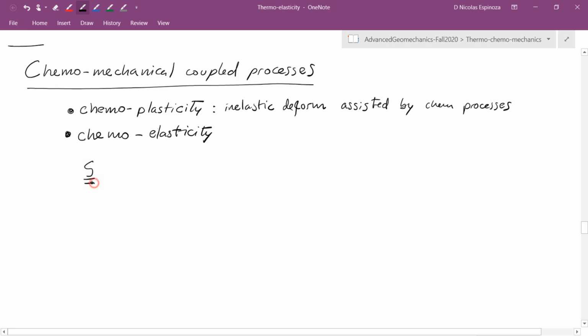We're going to update our constitutive equation, in which the first thing that we saw was to relate stress to strains through the stiffness matrix.